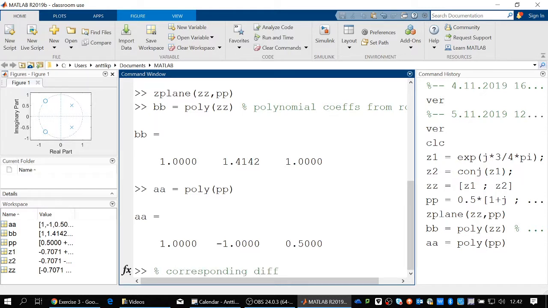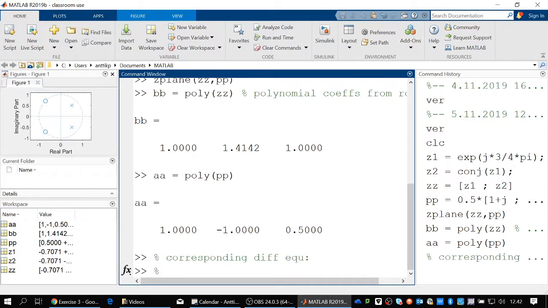Okay, so those are the polynomial coefficients, and now the corresponding difference equation would look something like this. We have y of n equals x of n plus 1.4142 times x of n minus 1 plus x of n minus 2. And then we have coefficients from the polynomial, the AA.